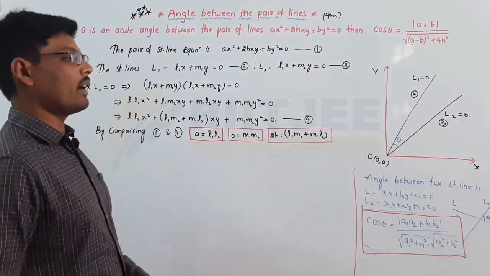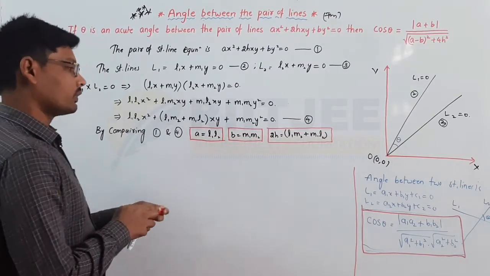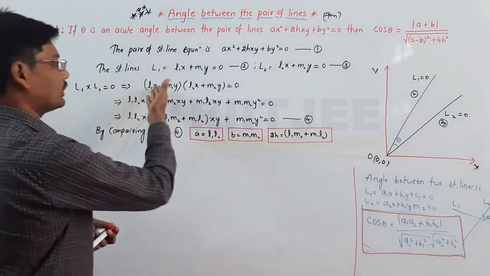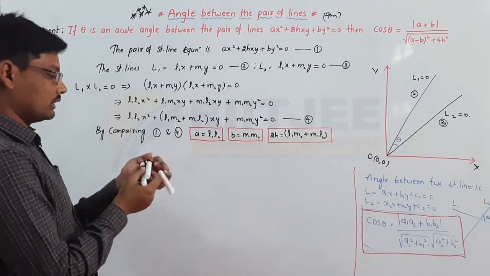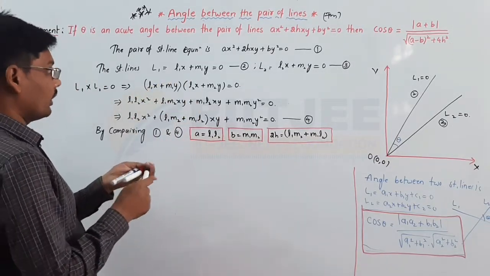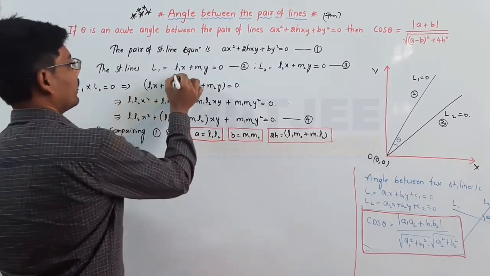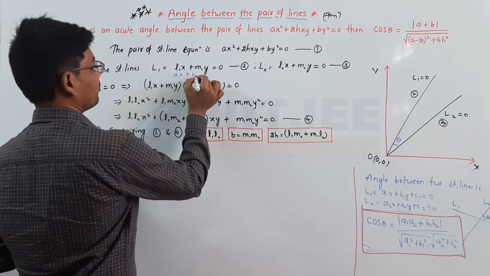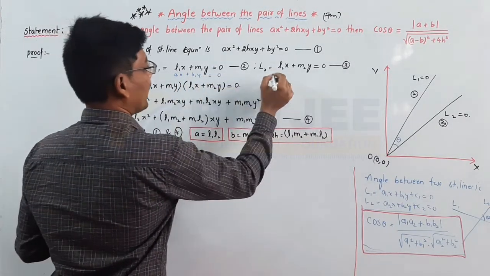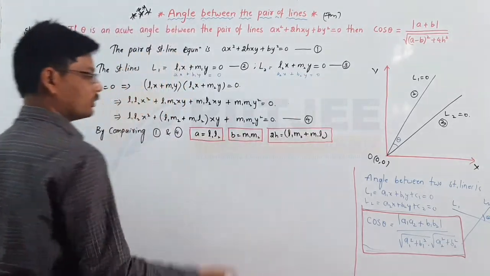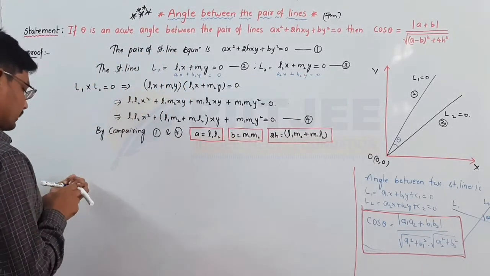Now substitute the values, comparing this equation with a1x plus b1y equals 0 and a2x plus b2y equals 0.